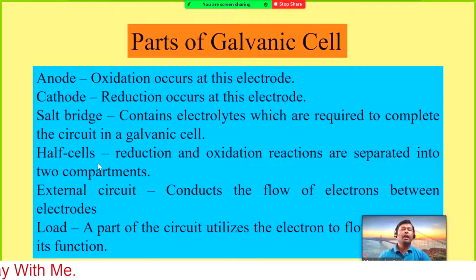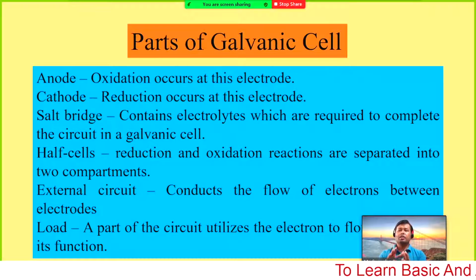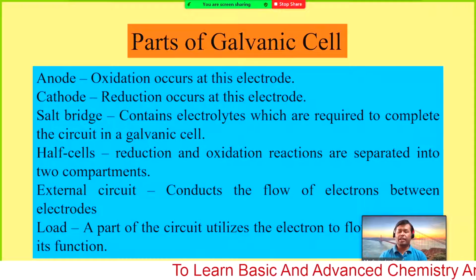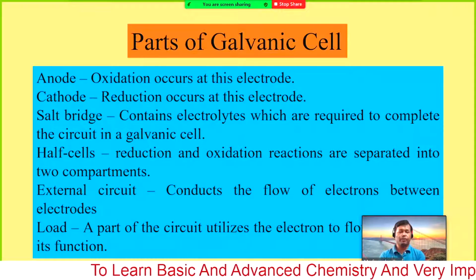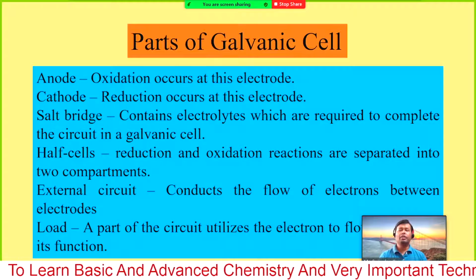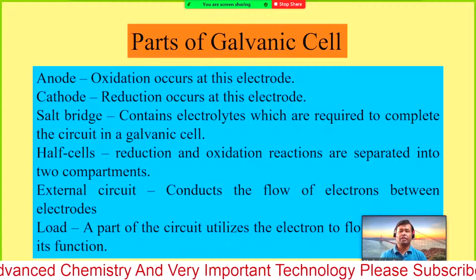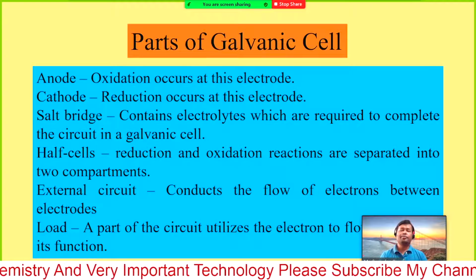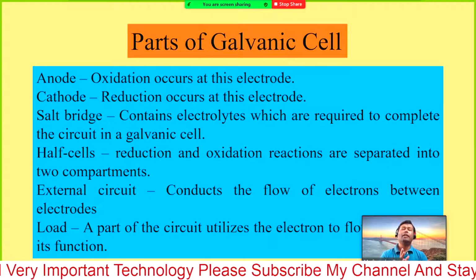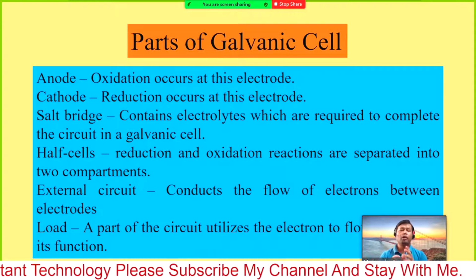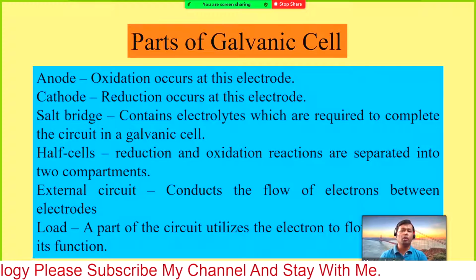Half cells: that means one electrode and electrolyte. One electrode dipped into an electrolyte can be considered as a half cell, and another electrode dipped into an electrolyte can be considered as another half cell. External circuit: how the electrons flow.